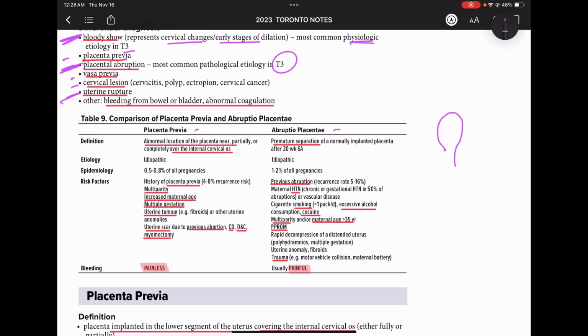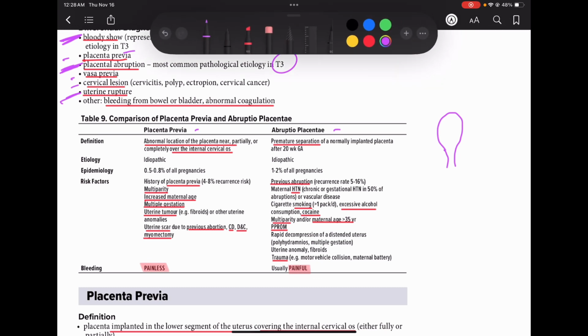If this is the uterus, then the placenta inside it could be located directly on the internal os, or it could be located on one of the sides but pretty much overlapping the internal cervical os. So partially or completely covering the internal cervical os.